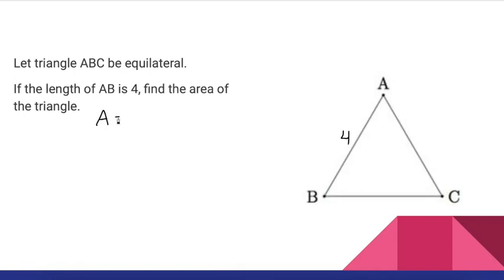We want to be able to use our area formula, 1/2 times the base times the height. And since this is an equilateral triangle, we know all of the sides are the same length, so we can get the length of the base pretty easily as 4. We still need to find the height of this triangle. So I'm going to draw the height in.